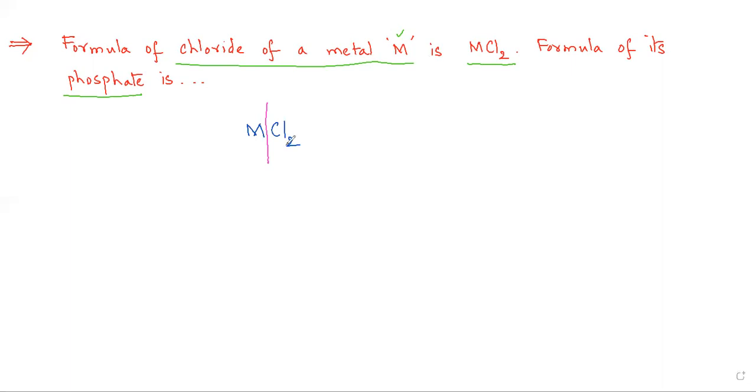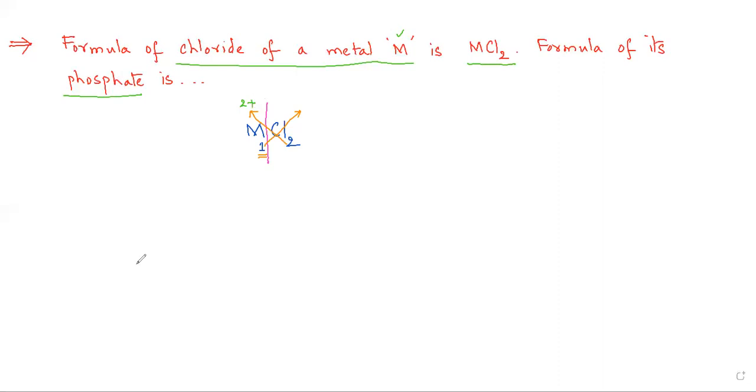Once it is cut into cation and anion, if there is nothing here, you just write one. Of course, you know this. Now, this one is of course the valency of chlorine. I mean the charge that is present on chlorine. And this too gives us the charge present on metal. So what is the charge present on metal now? 2+.